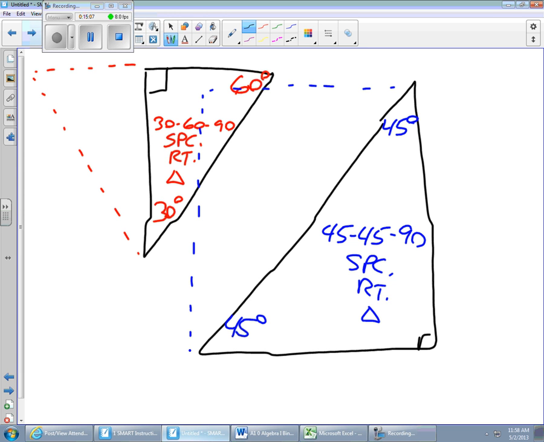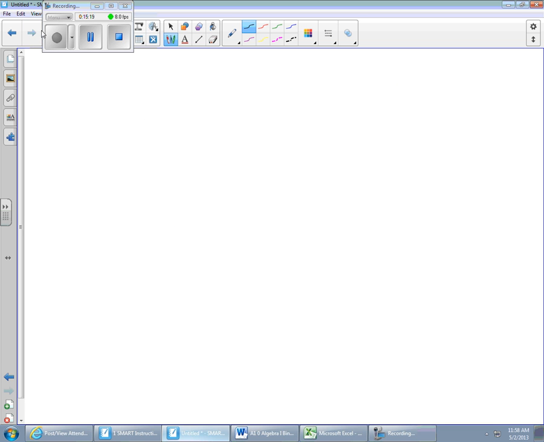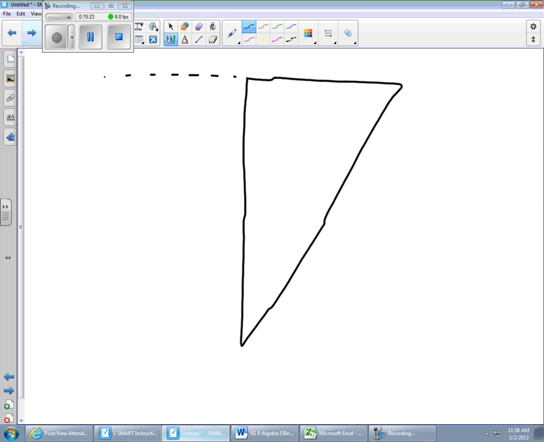Now let's unfold these triangles and let's look at what those formulas are going to do for our different side lengths. Inside of the 30, 60, 90, we had 60 degrees in each of the corners.